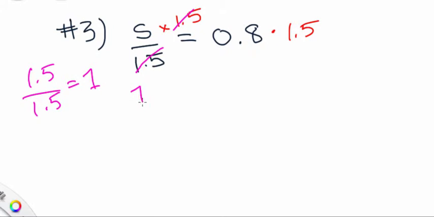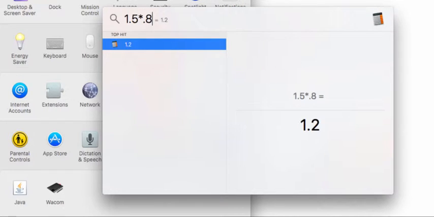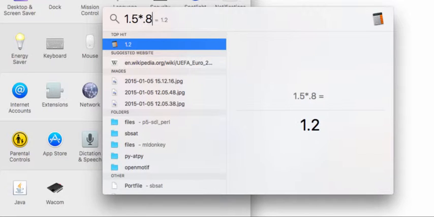So we have 1s equals 0.8 times 1.5. Pull out your calculator and let's see, 1.5 times 0.8 equals 1.2.